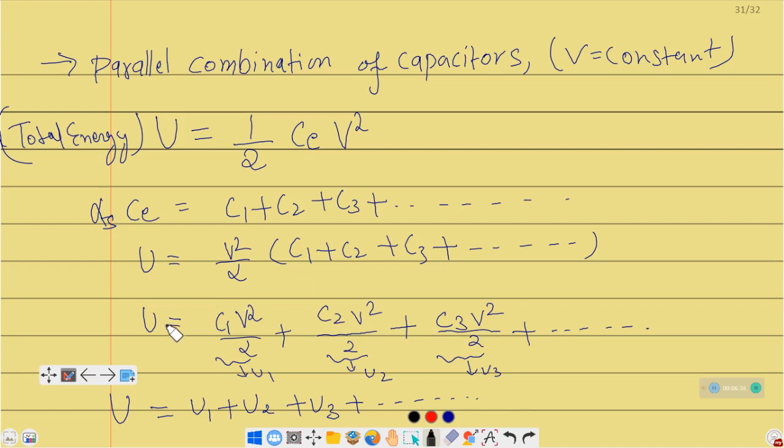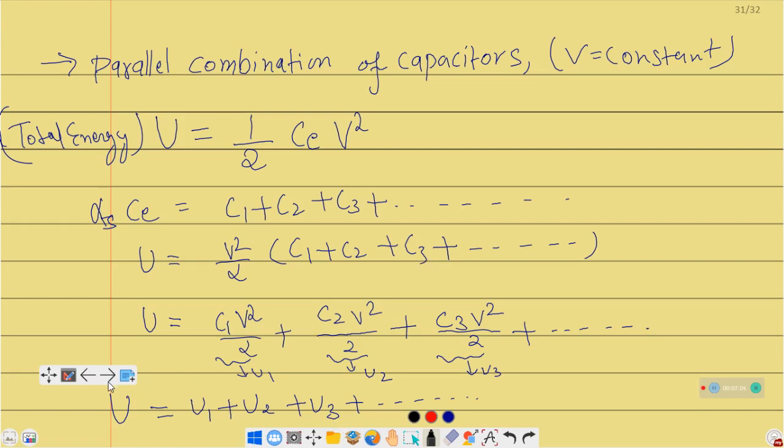So the total energy U equals U1 plus U2 plus U3. In this case, the total energy stored in a parallel combination of capacitors is equal to the sum of the energies stored in the individual capacitors.